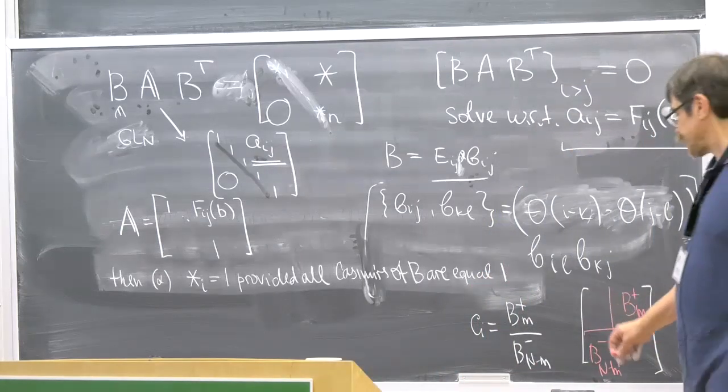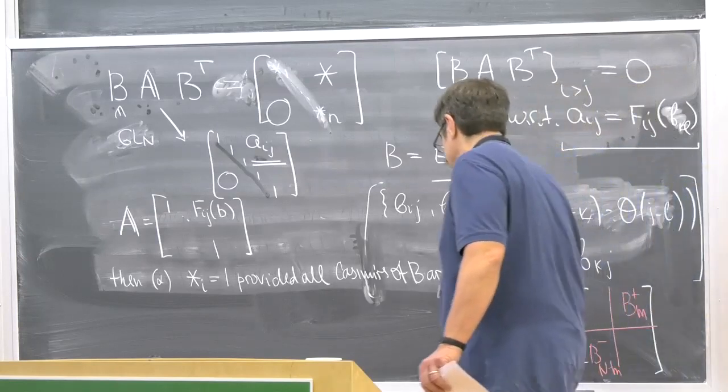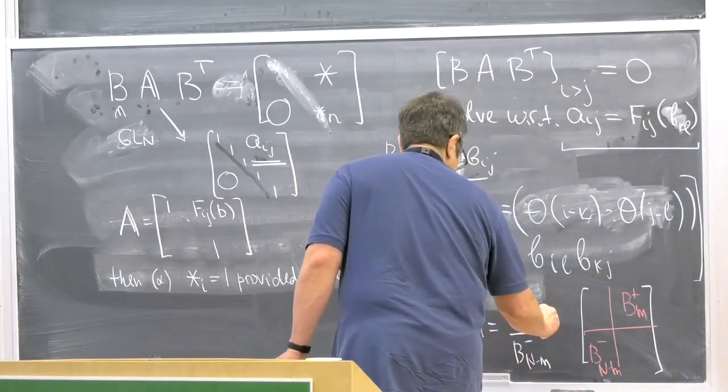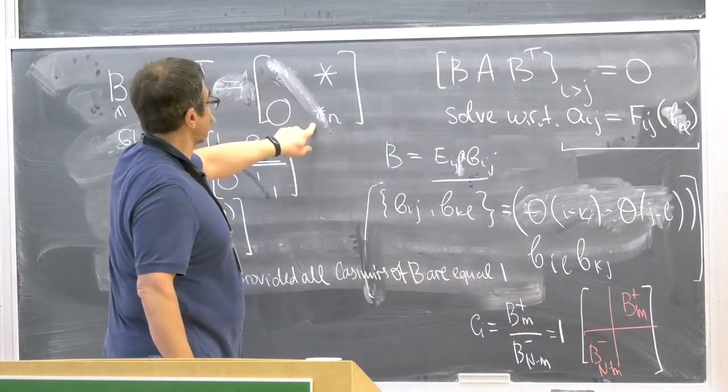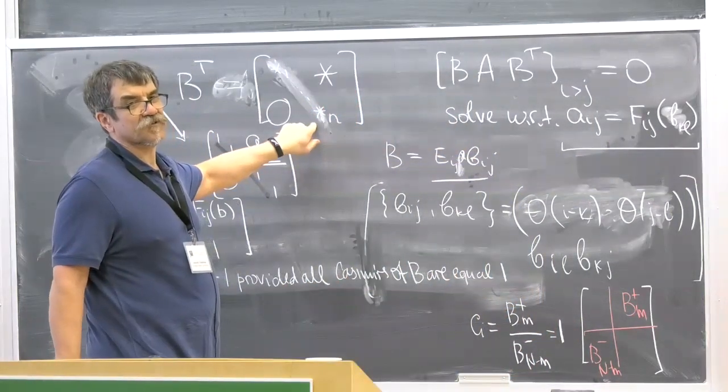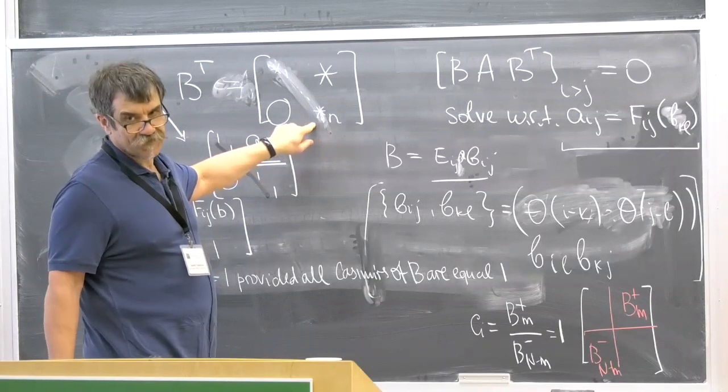So if all these ratios are equal to 1, then all these diagonal elements here are units automatically.